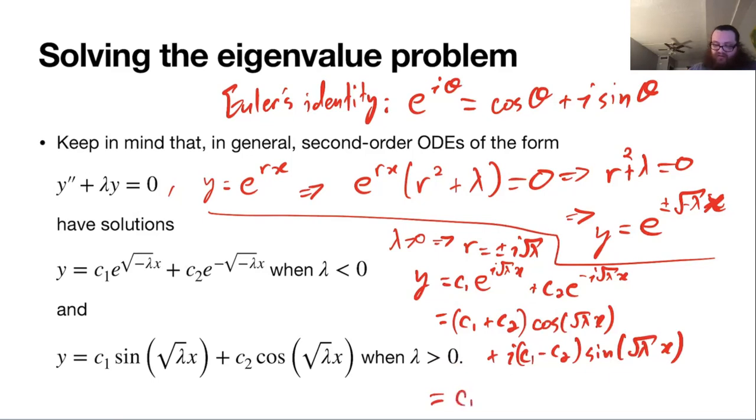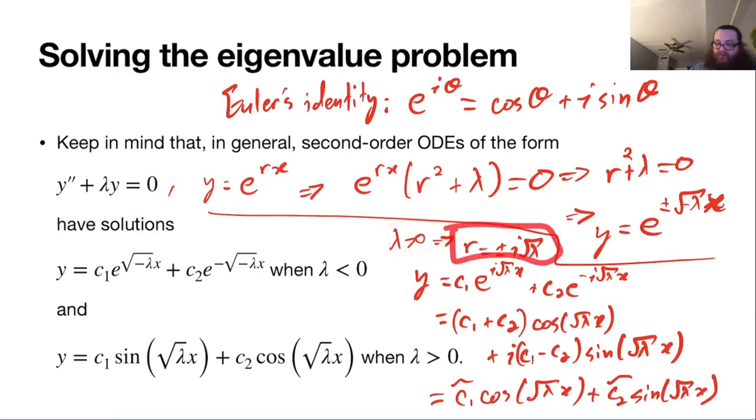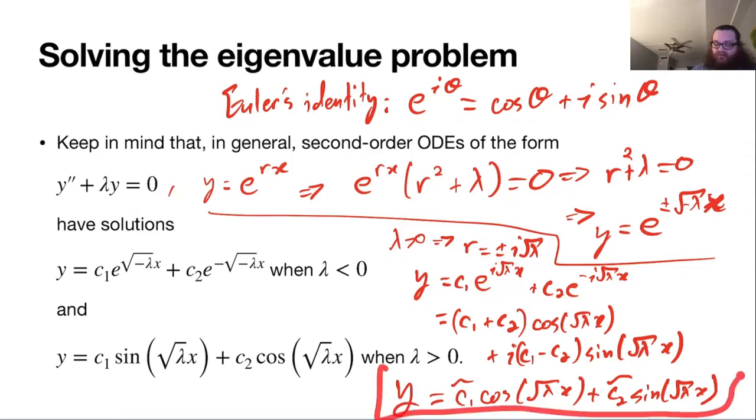Maybe I'll call it C1 tilde, just a new C1, of cosine root lambda x plus a new C2 tilde sine root lambda x. So when lambda is positive, our roots are imaginary. We can still use these exponentials as solutions, but because we have these imaginary things showing up, we can use Euler's identity to write our solution just in terms of cosine and sine.